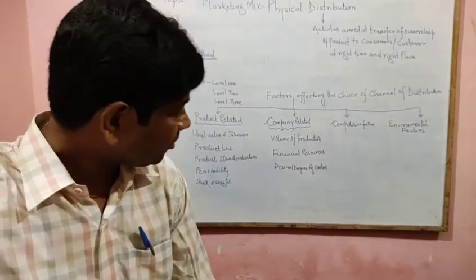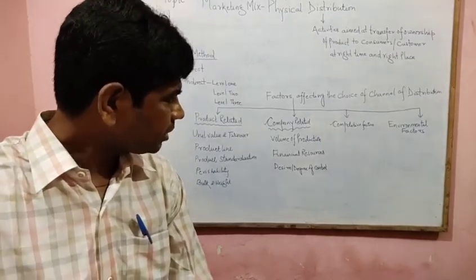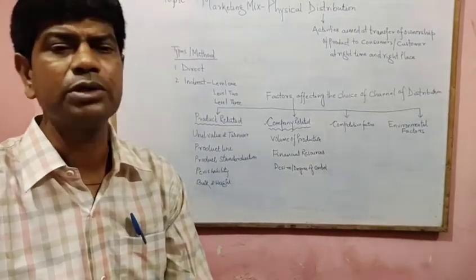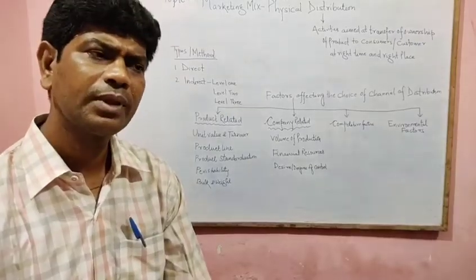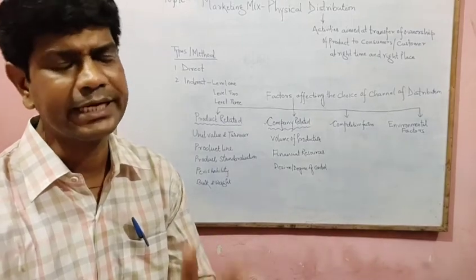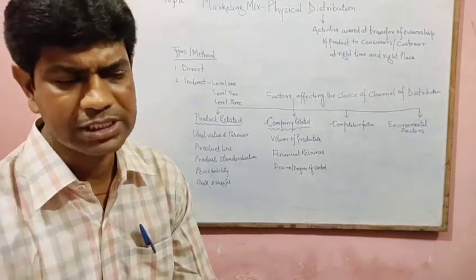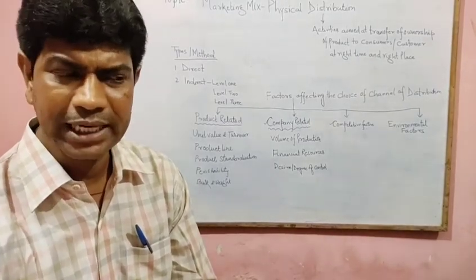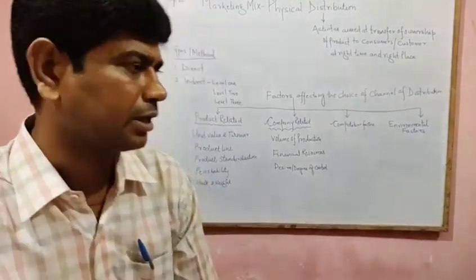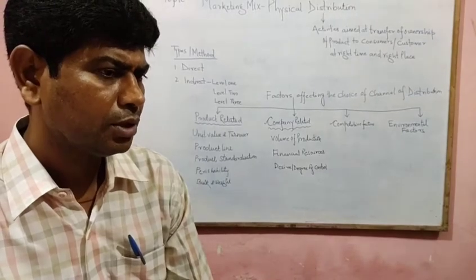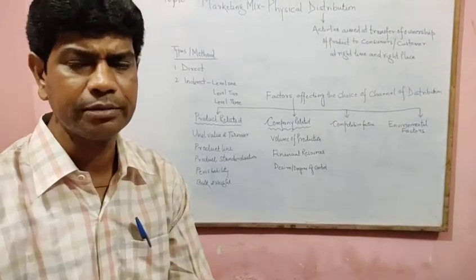Then the next one is about competitive factors. Now this competitive factor points out that usually what happens in a market is that a seller tends to adopt such a channel which is adopted by his competitor, because he wants to match the speed.